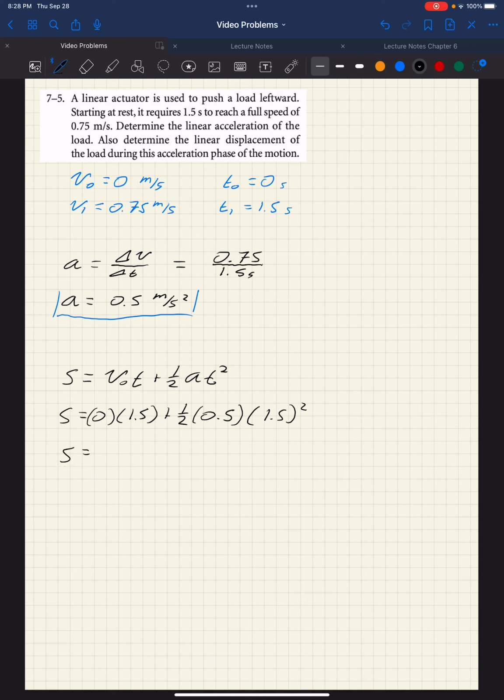And this gives us a total displacement of 0.5625 meters. And now remember, this displacement is from when the linear actuator starts pushing the load leftward to when the load reaches 0.75 meters per second. So this is the displacement over 1.5 seconds of motion.